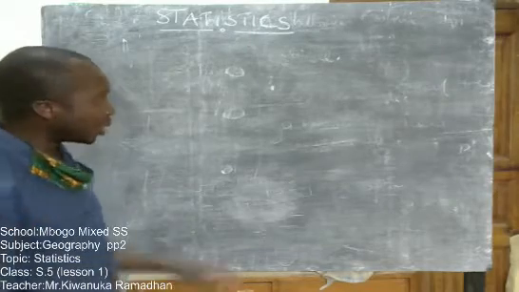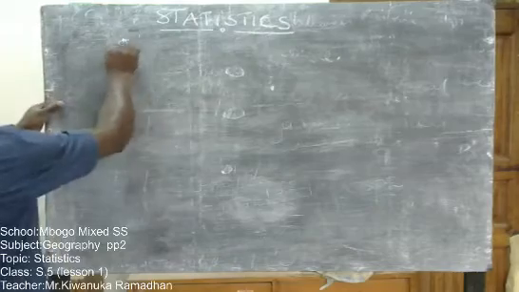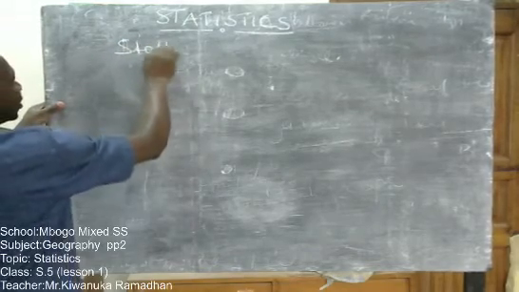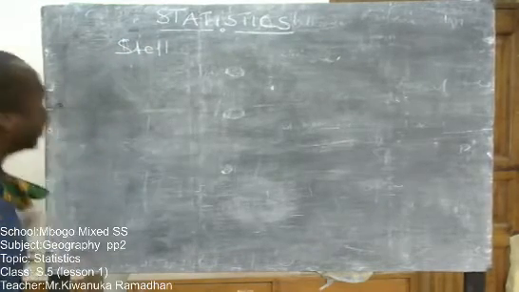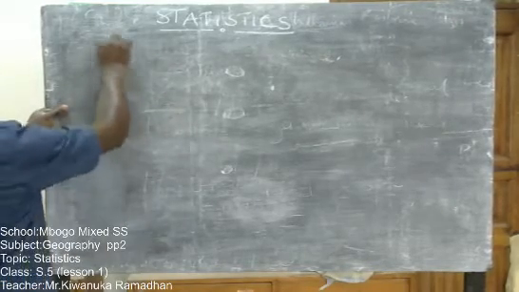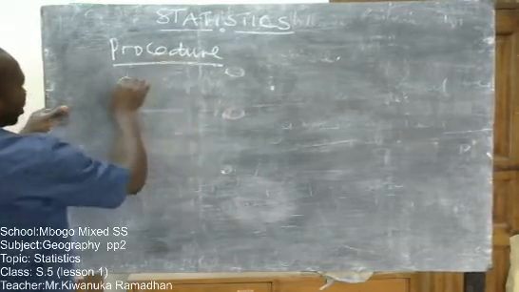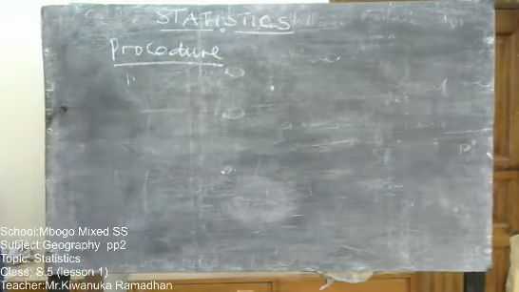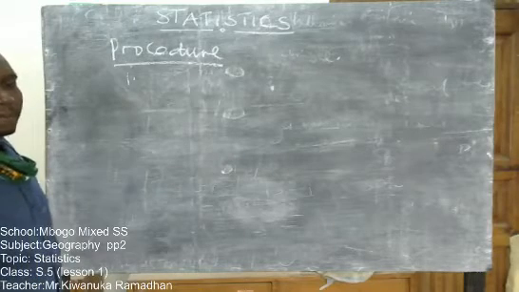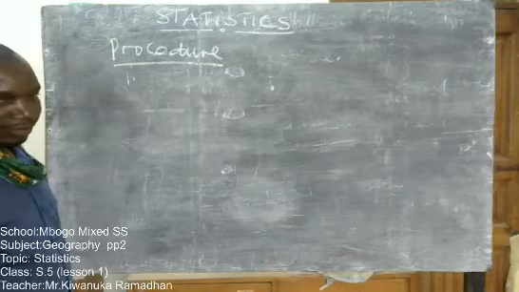Now, our construction procedure is going to involve steps. So, steps, the construction procedure. Procedure 1, we are going to arrange those values in order from the biggest to the smallest.